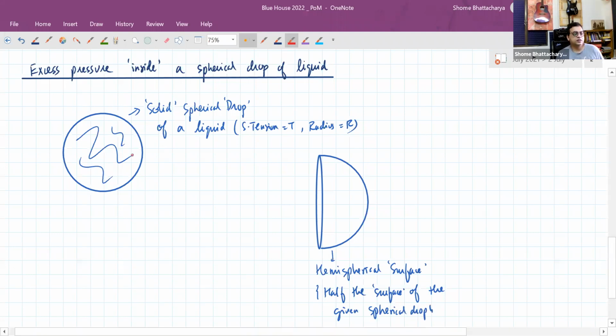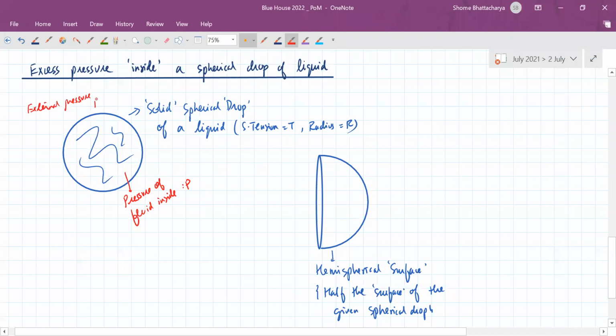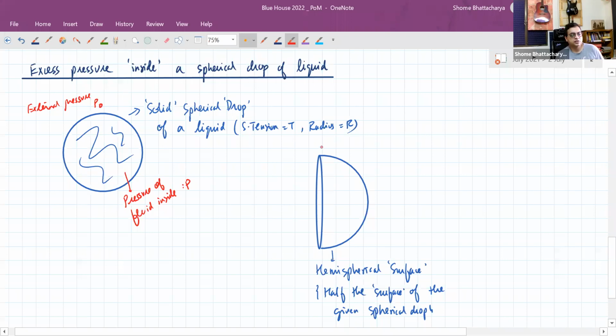Now suppose the internal pressure is P, and the external pressure is P naught. Then this will experience force vectors like this due to external pressure.